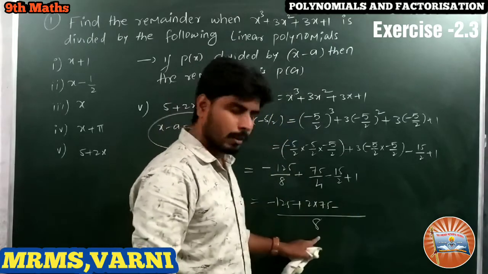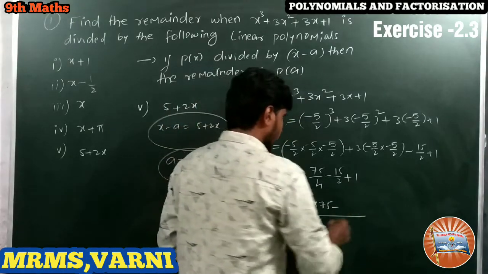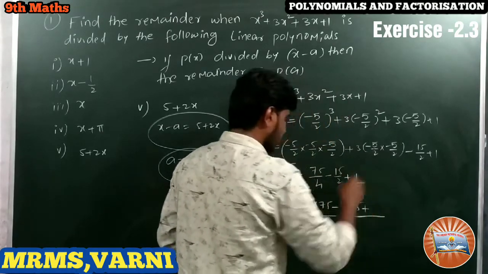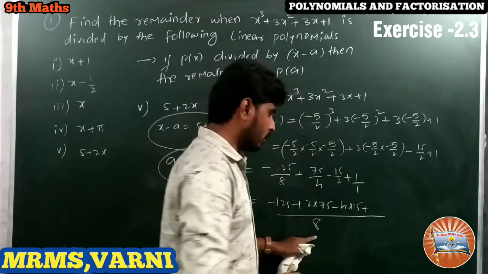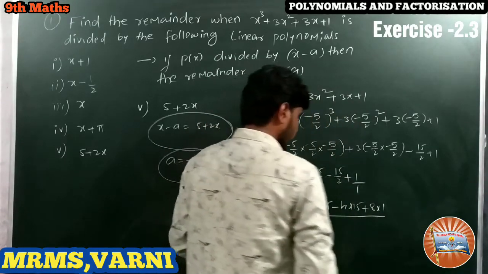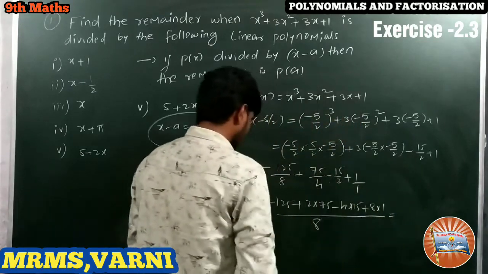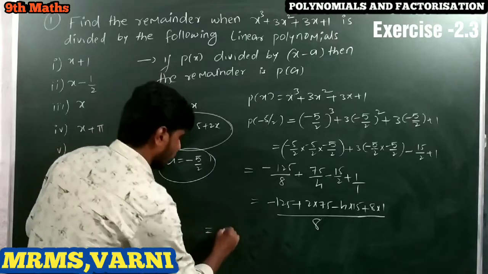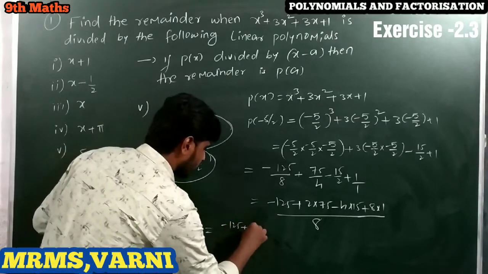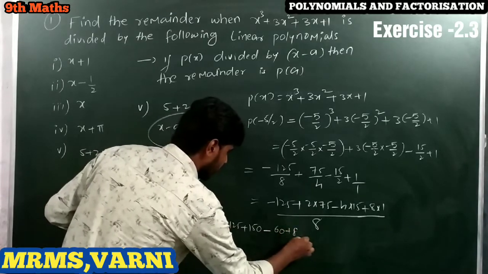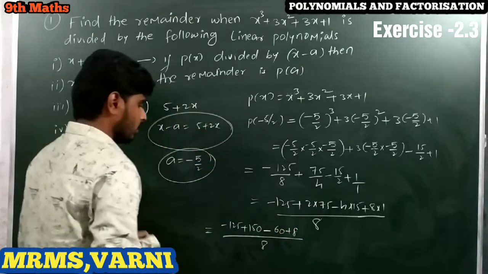Minus in the 2 table, 8 comes 4 times, so 4 into 15. In the 1 table, 8 comes 8 times, so 8 into 1. So minus 125 plus 150 minus 60 plus 8 by 8.